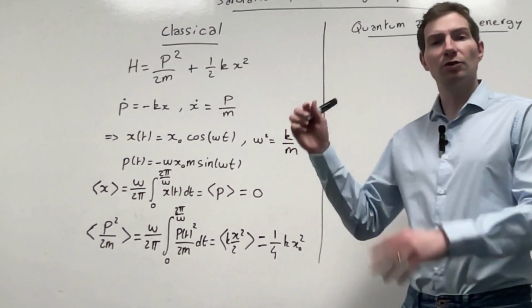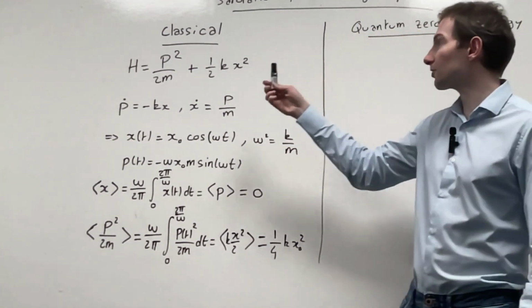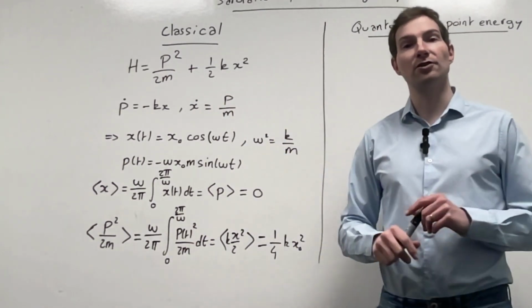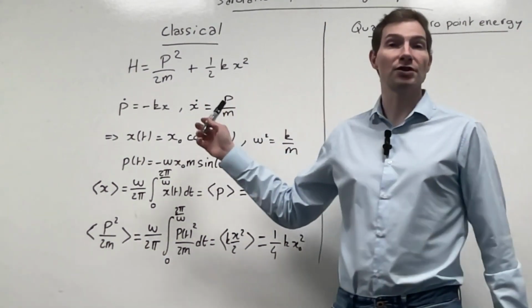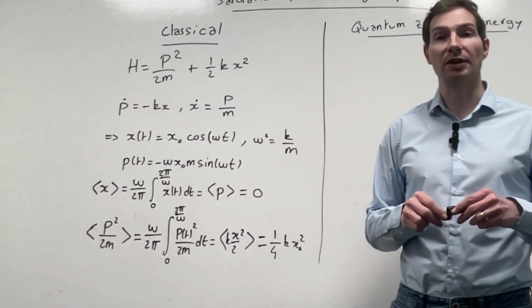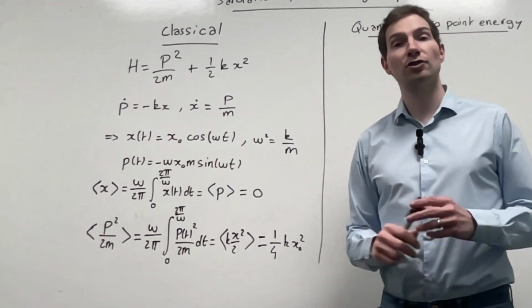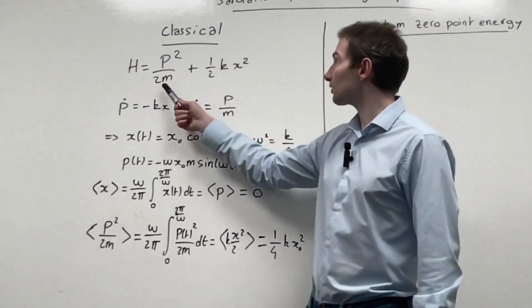Here, because I'm talking about Hamiltonian dynamics, I'm starting from the Hamiltonian, which is more related to quantum mechanics. However, you can feel free to start from Newton's second law, and that would do exactly the same thing as well.